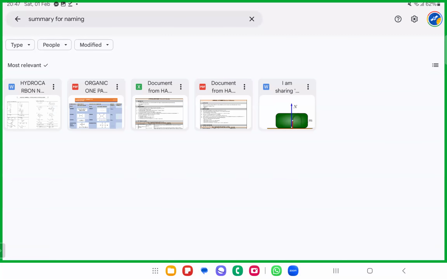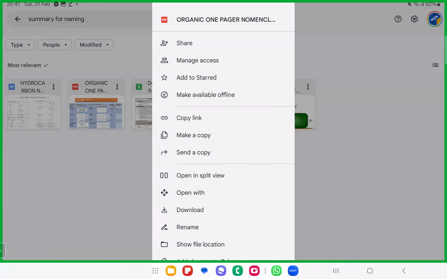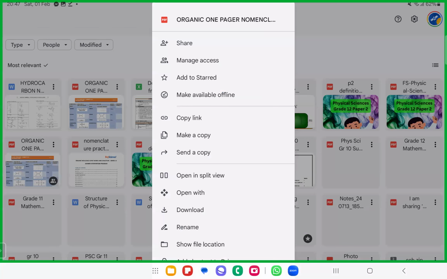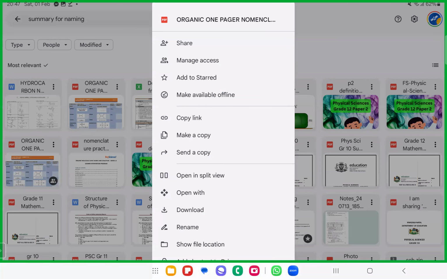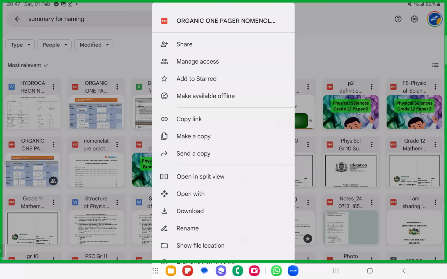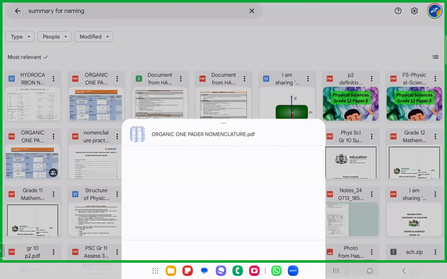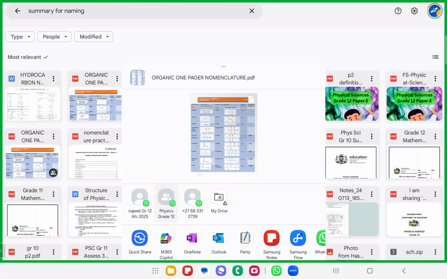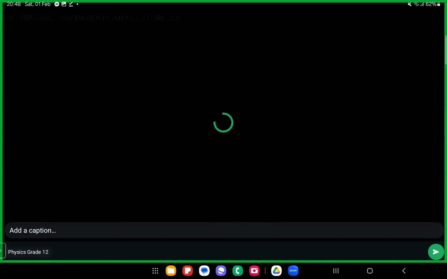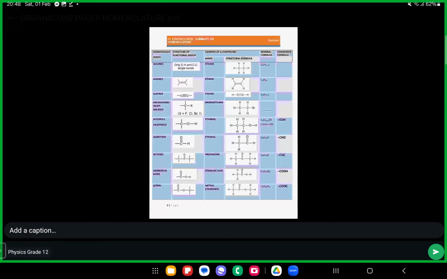There we go. So I'm sharing that. It's got everything on that one page. Right. Your condensed formulae, what they will look like for various ones, how do we name them, the structures, everything is there.